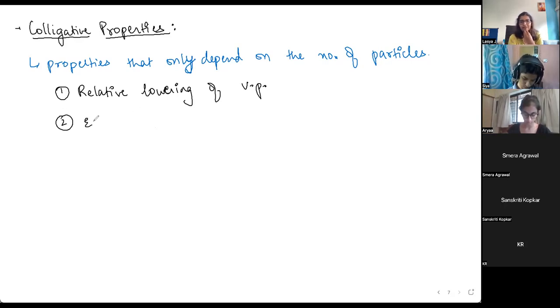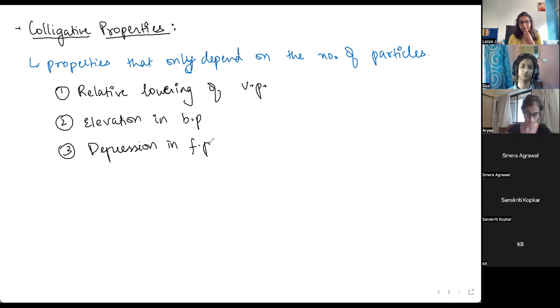And then you have elevation of boiling point. Elevation of the boiling point. Depression of freezing point. And fourth one is osmosis.